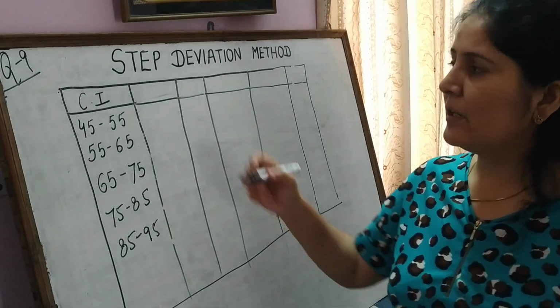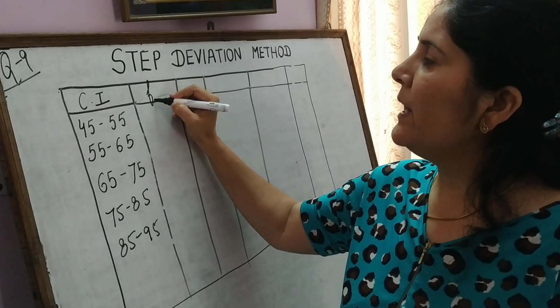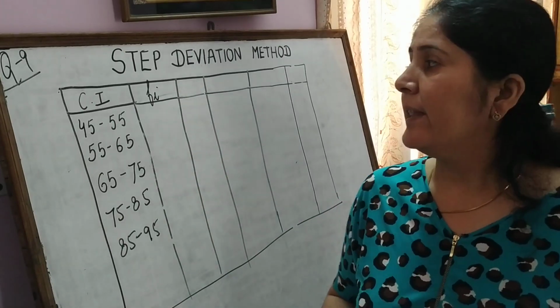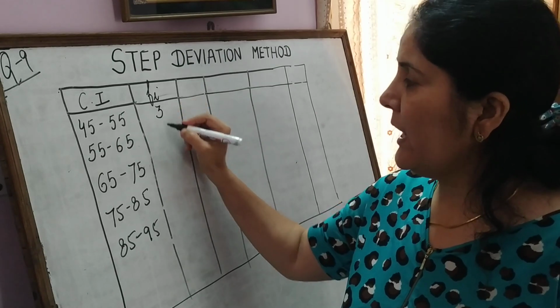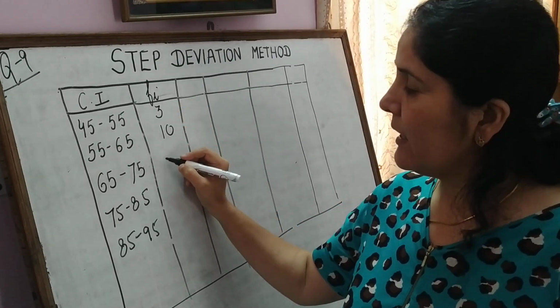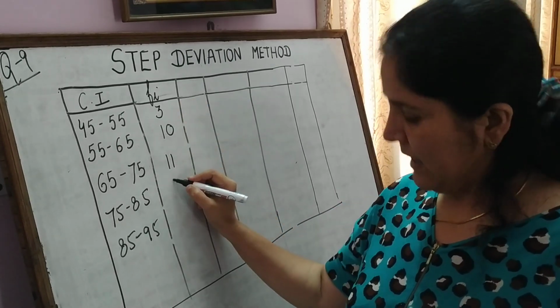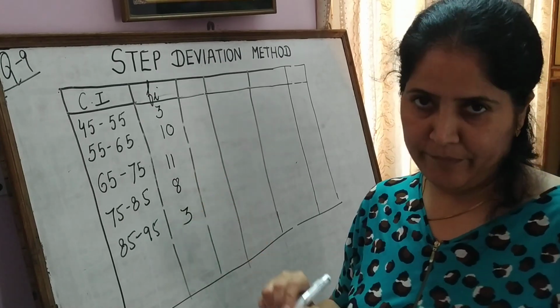In my next column, we are going to copy the frequencies, denoted by Fi, also from the book: 3, 10, 11, 8 and 3.